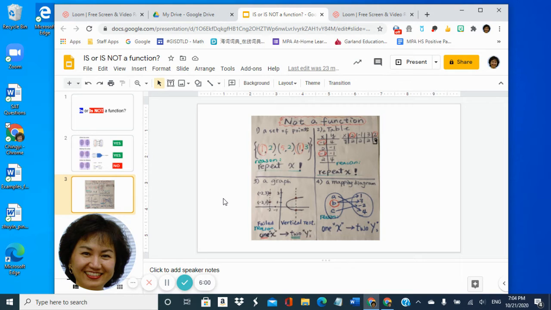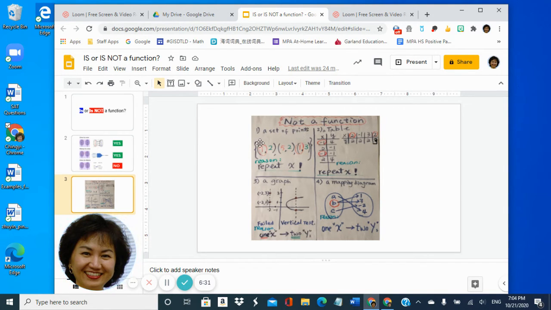Simply speaking, we are looking for repeated x. If you see repeated x, you are sending the same x into that box several times. But if you get different output, different y's coming out, then that is not a function.